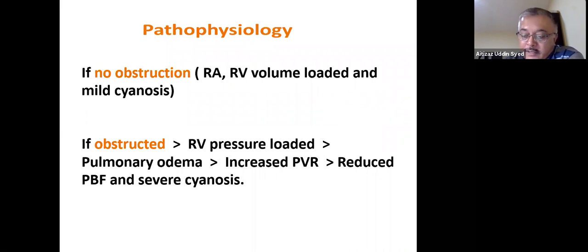And these children, actually in the extreme, at one end of the spectrum, which is obstructed TAPVD in a neonate, that's an emergency, and they present in a very bad shape, severely cyanosed, very low cardiac output, almost in extremis. So it's very important to remember that it can be TAPVD, but is it obstructed or non-obstructed? That is going to decide the course of management and the urgency of the case.